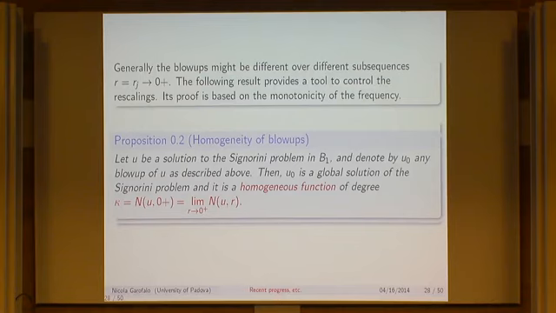So if you have a solution to the Signorini problem in B1 and denote by u_0 any blow-up of u as described above, then u_0 is a global solution of the Signorini problem, and it is a homogeneous function of degree kappa, where kappa is the limit at 0 of the frequency. This limit exists because the frequency is monotonically increasing. Okay? And in fact, as you will see, this value kappa will be a constant.